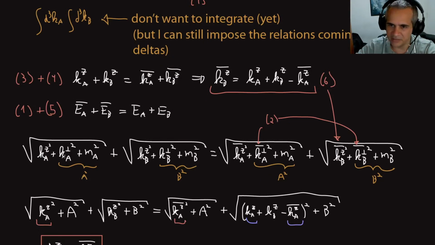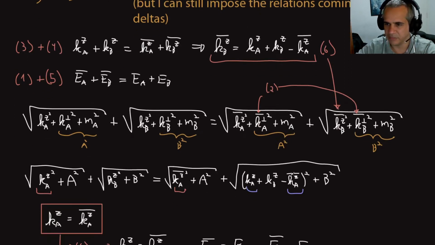And that means there's this number that I call a square here, just for simplification, right? Just to make it simple. It's the same as the one that is appearing here, and here is the same that is appearing here. And I have to replace KBZ square by this expression. And that takes me to this equation, right?